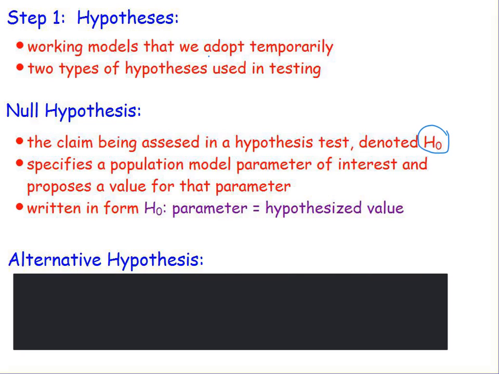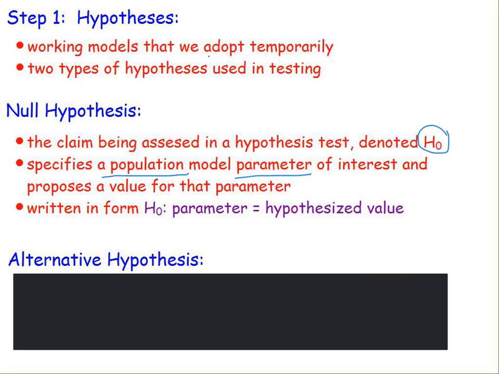This hypothesis specifies a population model parameter of interest. Notice it says we're focusing on a population parameter. So we're stating up front, here's a specific number for the population, and proposes a value for that parameter.